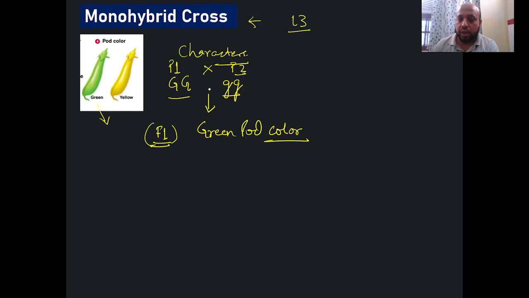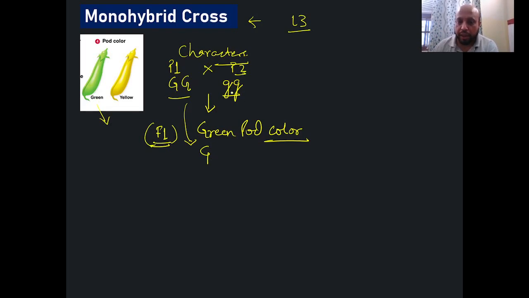Now he used certain letters to make it understood, and this is basically the process of gametogenesis, which I explained to you a moment ago. Now in genetics, if we say that this particular offspring has received 50% of the chromosomes, we are actually interested in knowing only one trait here, that is green, so capital G will be received.